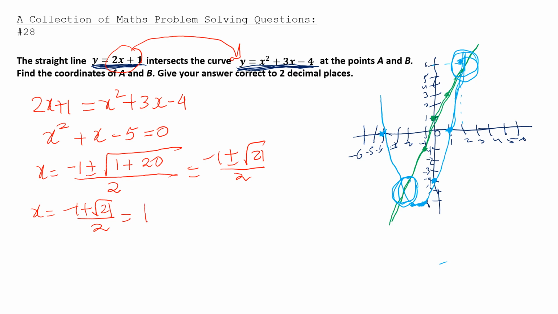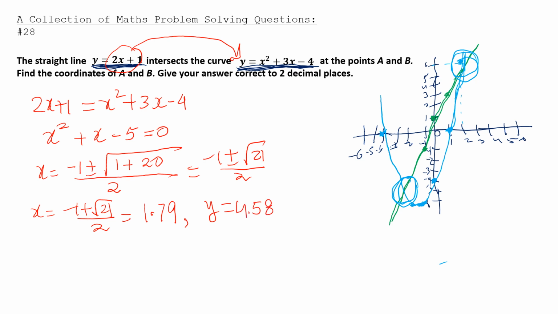If x is 1.79, then y would be 2 times 1.79, that is 3.58, plus 1 equals 4.58.